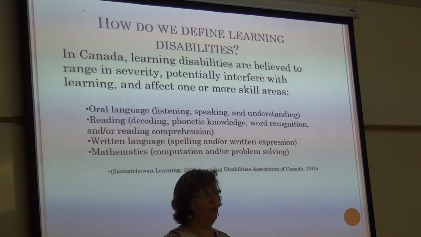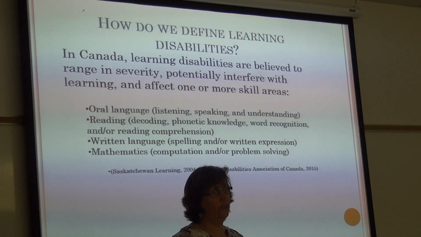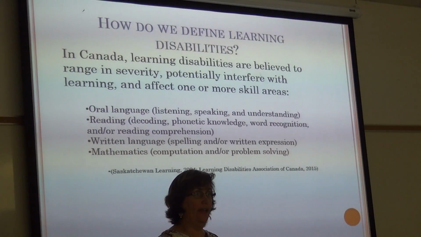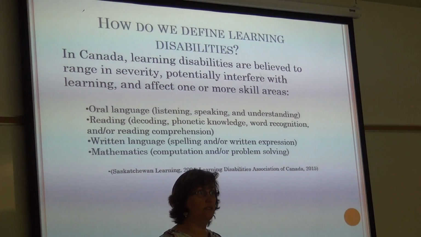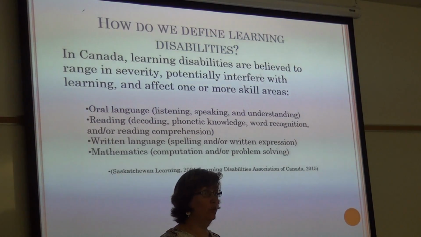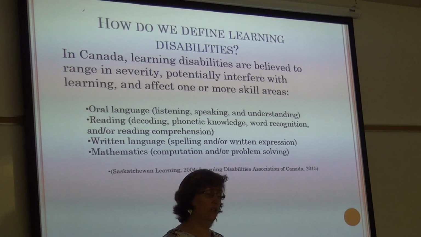Let's also start with a definition of learning disabilities. This is a Canadian definition since we're in Canada. In Canada, learning disabilities are believed to range in severity, potentially interfere with learning, and affect one or more skill areas. The skill areas are defined as oral language, so that's speaking, listening, and understanding oral language.